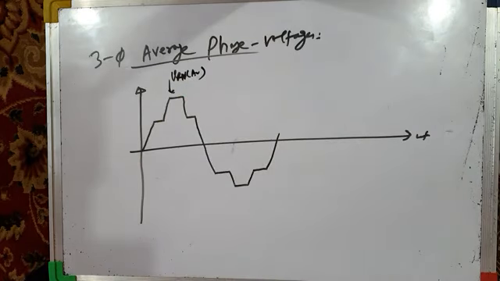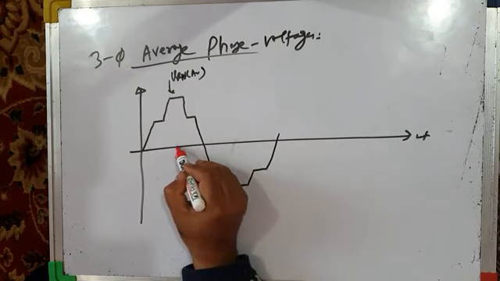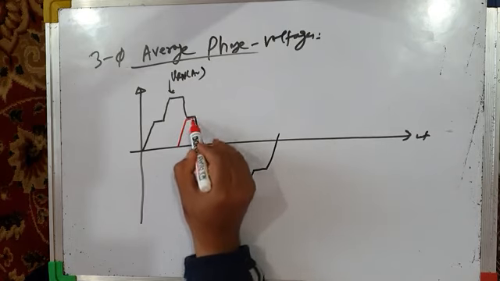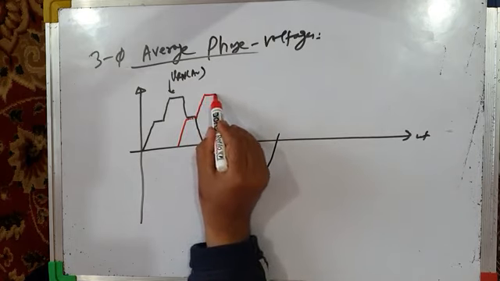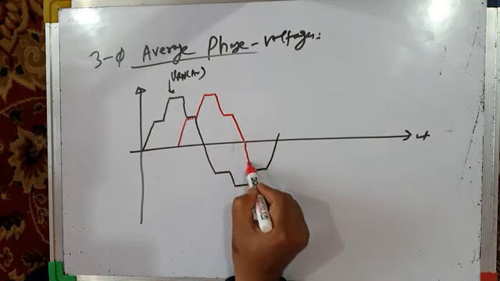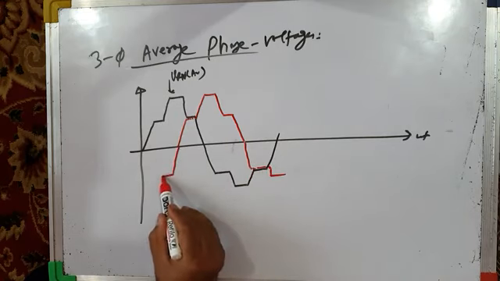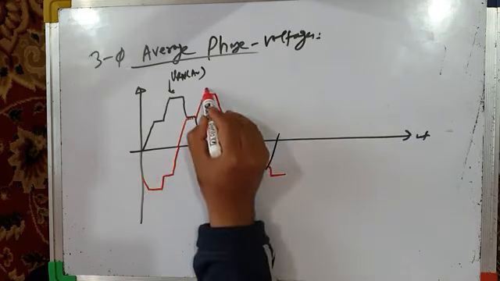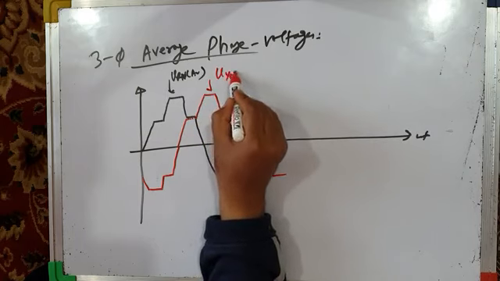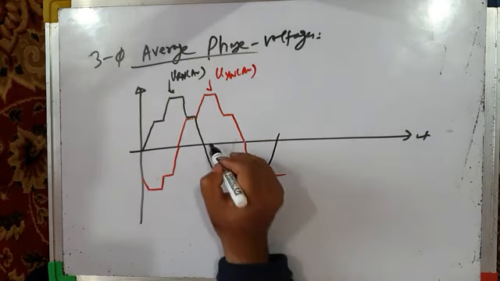What about VYN average? Our VYN average will be like this. It will also stay here. This is VYN average, and VBN average will also be like this.